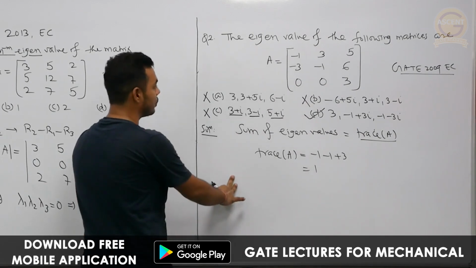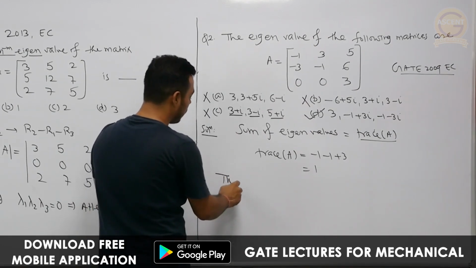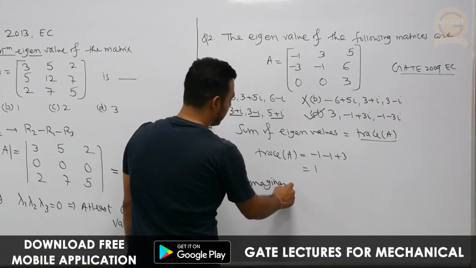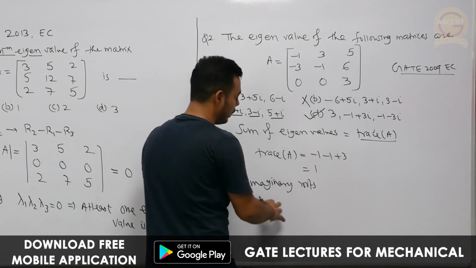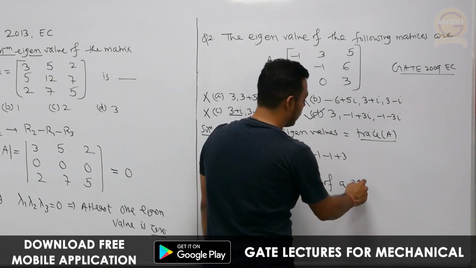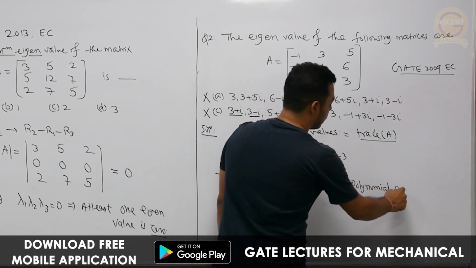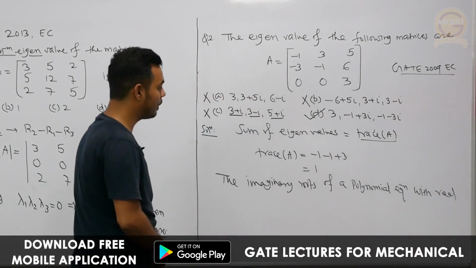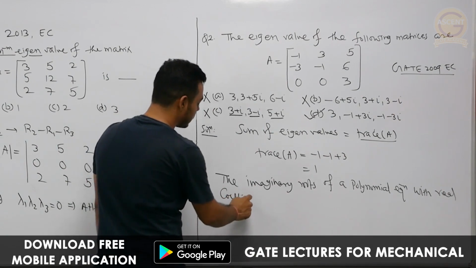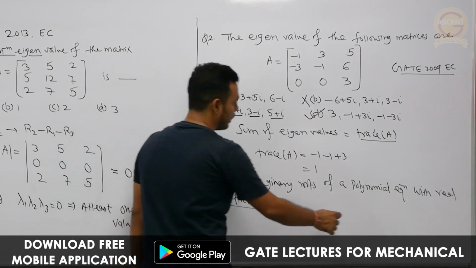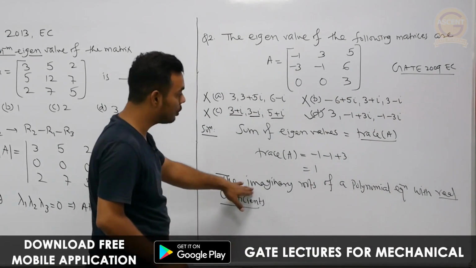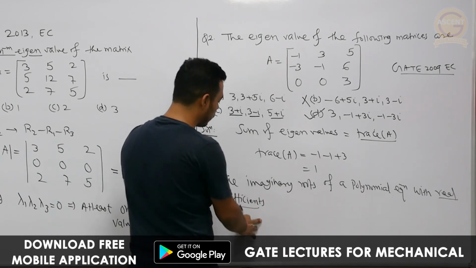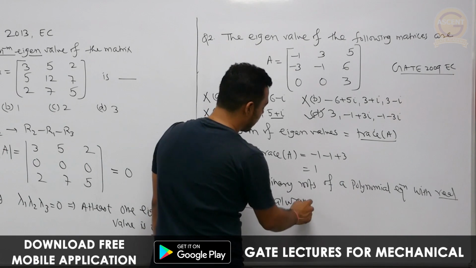The property is that the imaginary roots of a polynomial equation with real coefficients, if all the coefficients are real numbers, always occur in conjugate pairs.